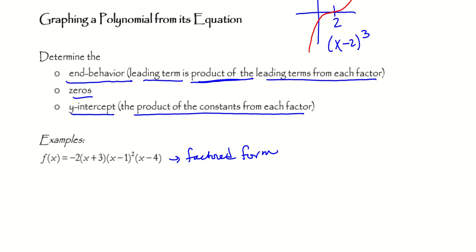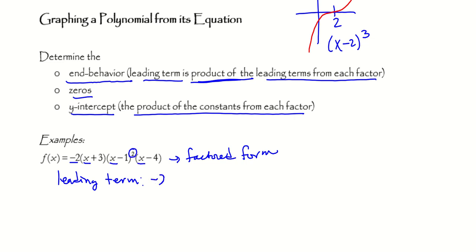My leading term will be the product of the leading terms from each of my factors. So that's going to take my negative 2, my x, which is squared, and this x.